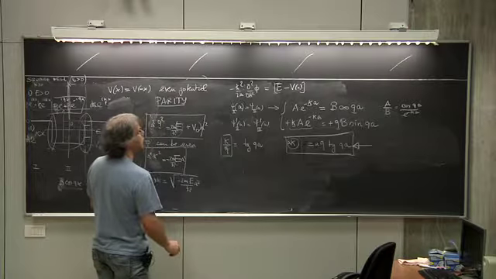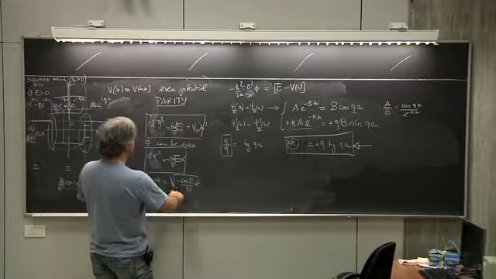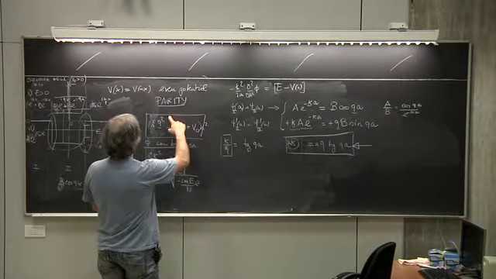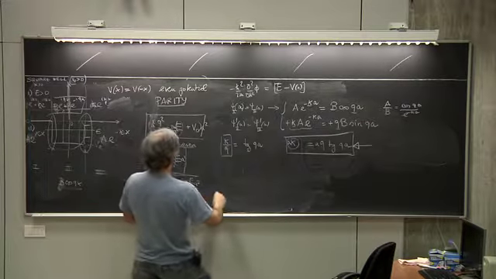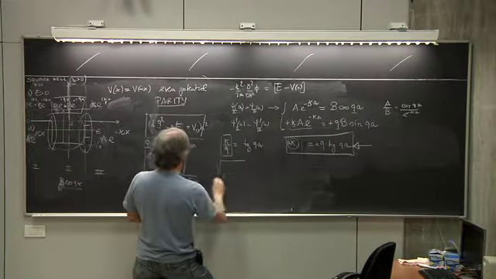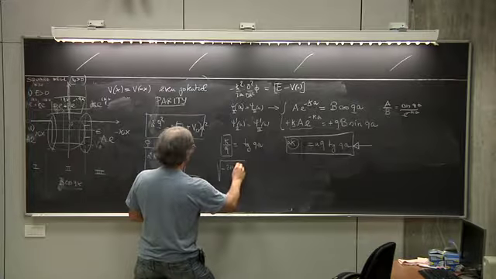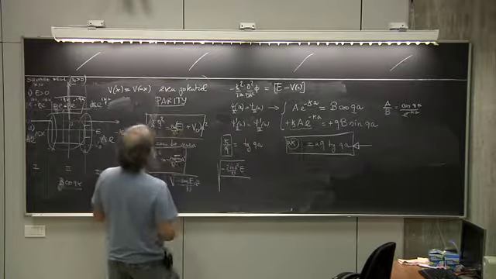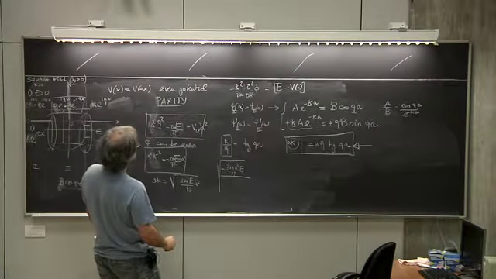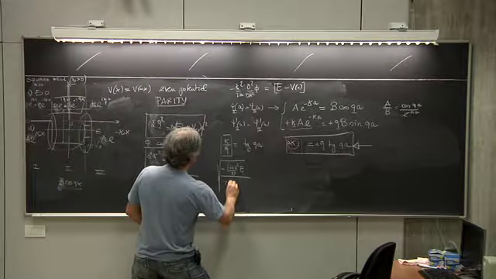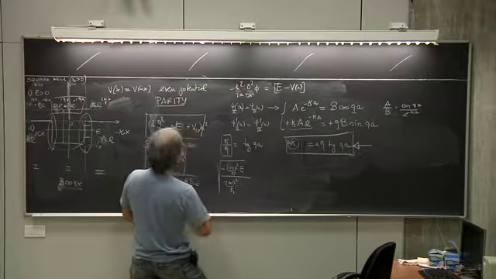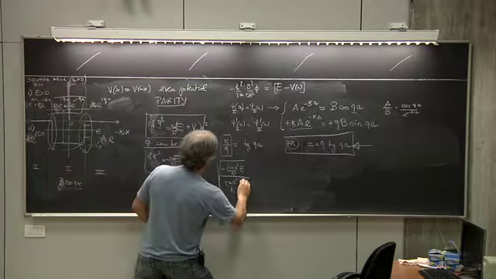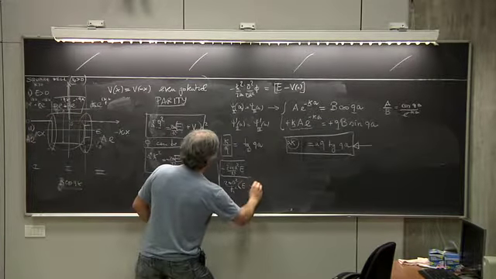This is equal to this divided by the square root of this. So it's the square root of minus 2m a square over h bar square E divided by 2m a square over h bar square, E plus V0.